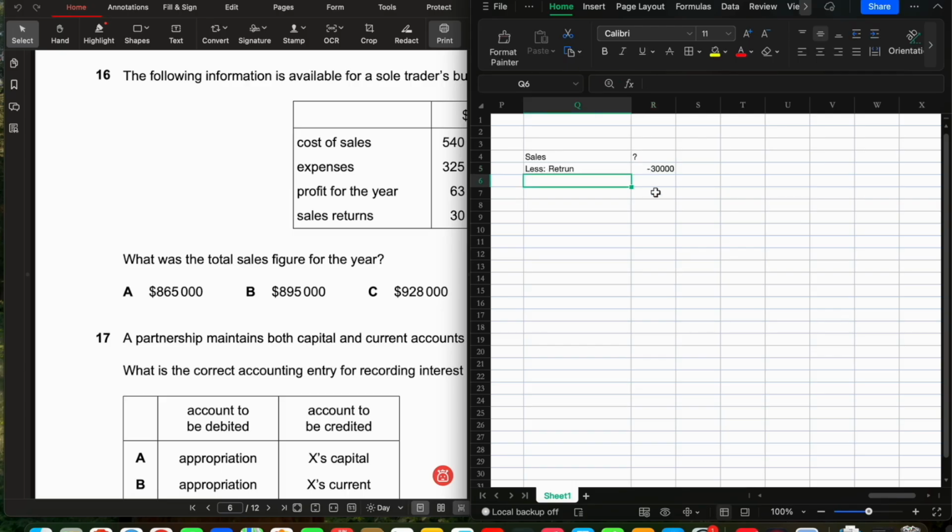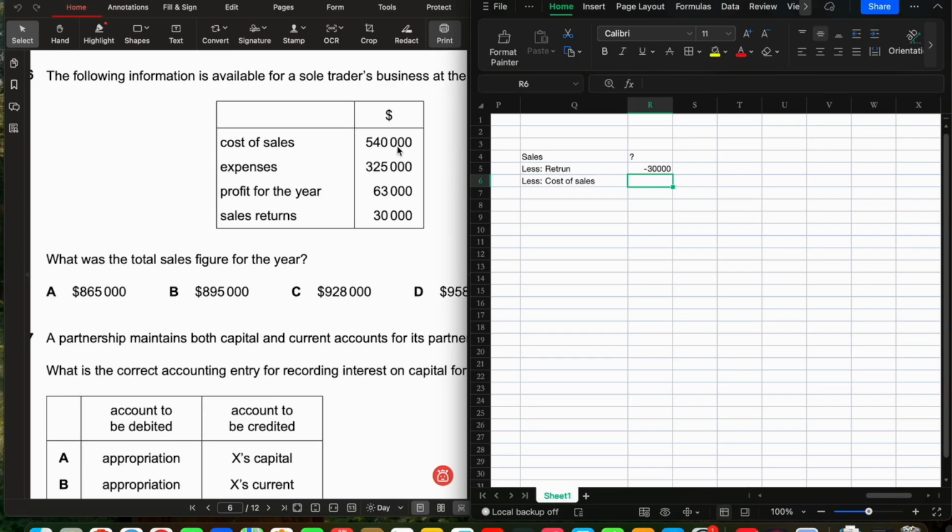Okay, we subtract it from there, and once we get the net sales, in that net sales we subtract less cost of sales, and cost of sales out here is 540,000, so minus 540,000, and once we subtract cost of sales we'll get gross profit, that also we don't know, and once we find gross profit we need to subtract less expenses, and this expenses is 325,000. Okay, after we find all this we get profit for the year.